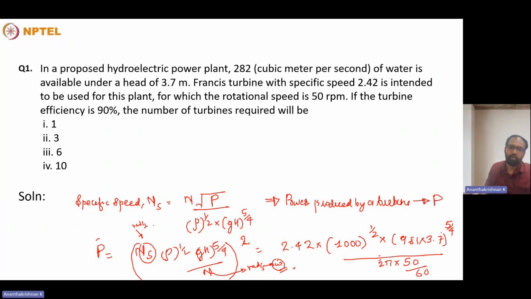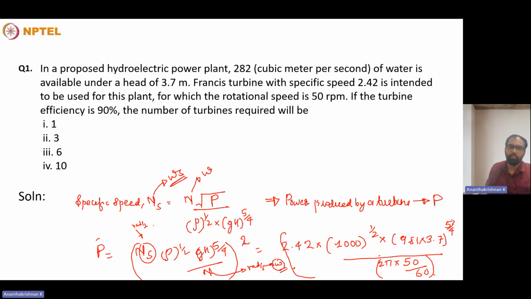So we write this in terms of omega s and omega. This is the specific speed in the non-dimensional form, so we have to write it specifically, and it should be in terms of radian per second. Based on that, we will get this value.